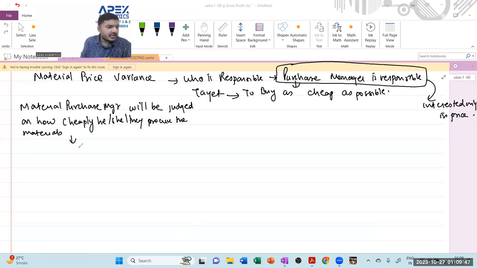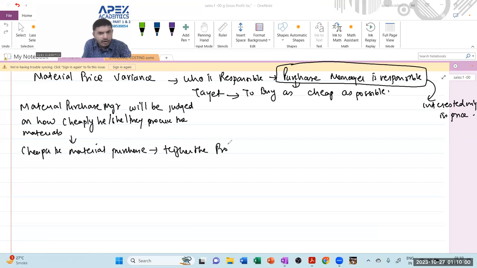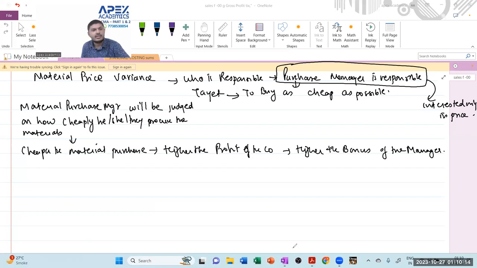My dear friends, here you need to understand, cheaper the materials purchased, higher the profit of the company, and higher the bonus of the manager.